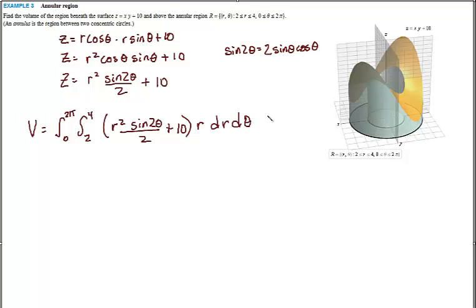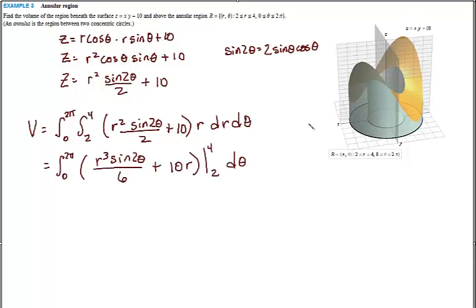And now comes the lovely task of integrating this thing. Let me note that I am integrating with respect to r. Let me try this again. I'm going to integrate with respect to r, got the horse before the cart here, and note that this is r to the fourth.